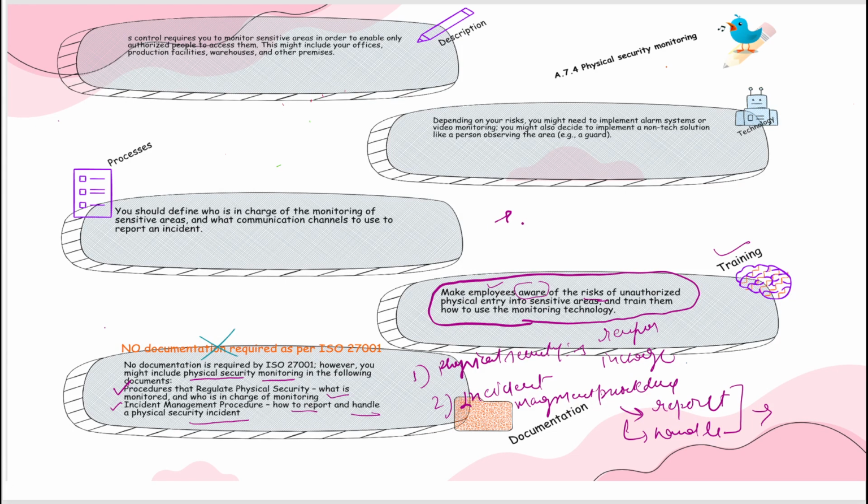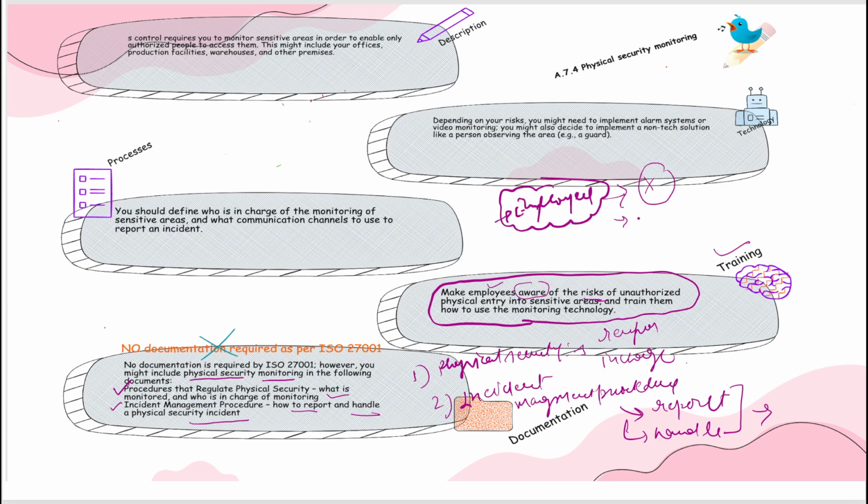And also employees in general should be trained on the aspect that these areas, where you have physical identification that this is an authorized area, are very critical and sensitive areas where only authorized people are allowed to enter, right?